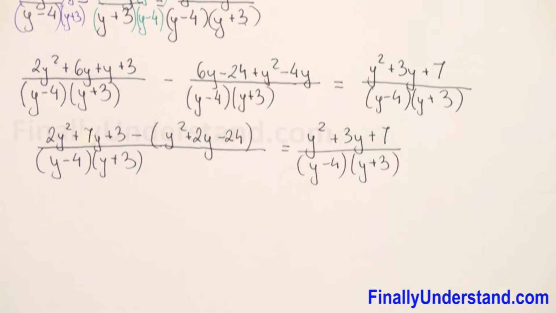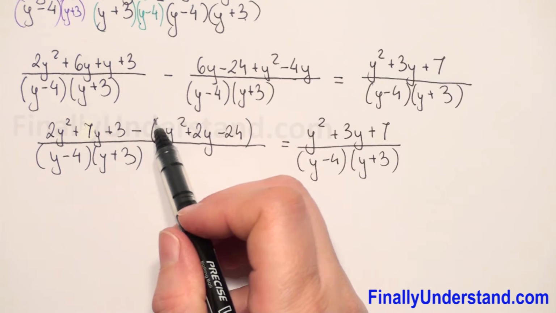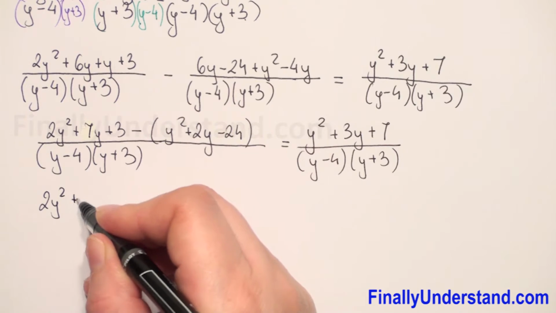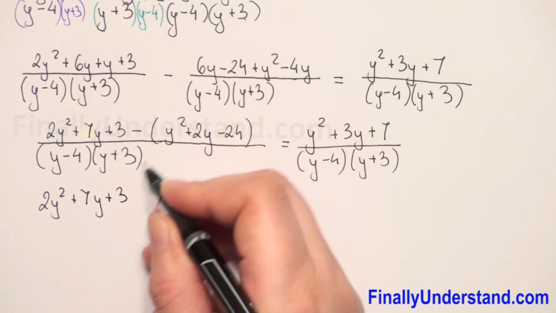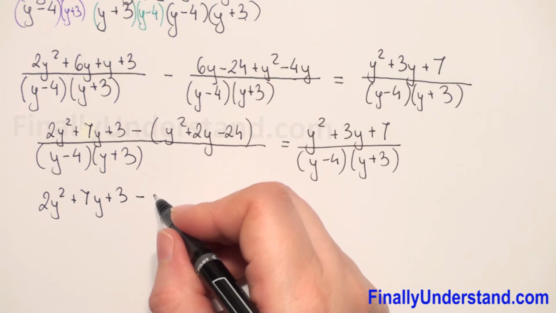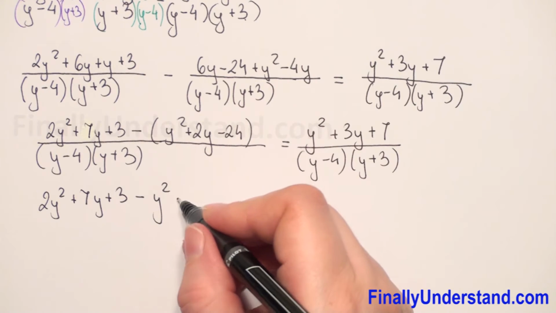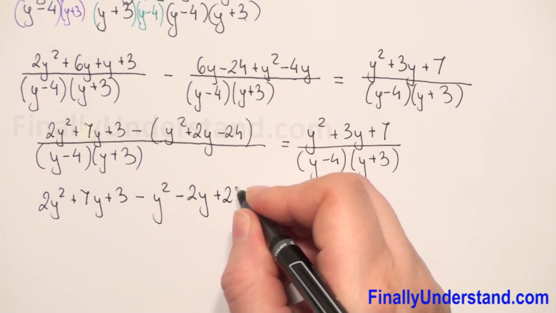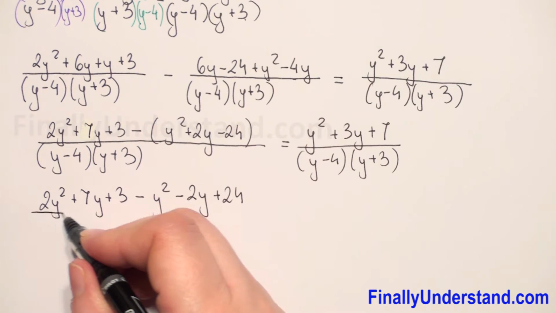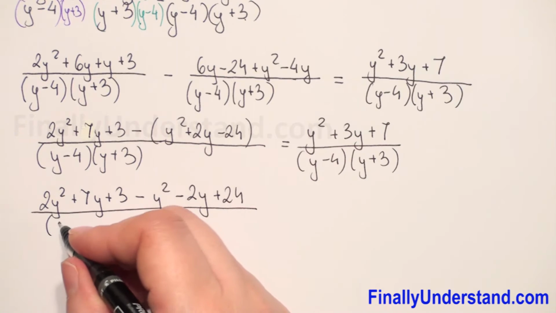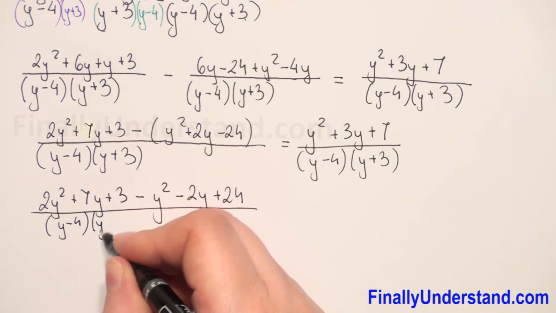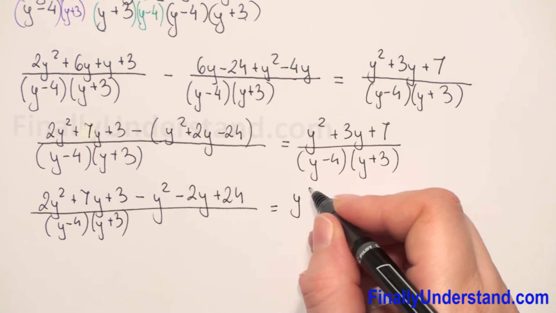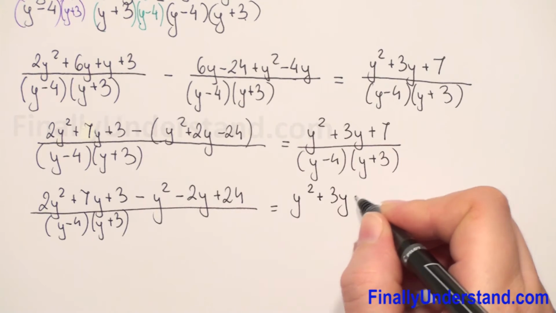Now we have to take down this parenthesis, so we have 2y squared plus 7y plus 3, and negative and positive will be negative y squared, negative and positive will be negative 2y, negative and negative will be positive 24, over. The right side we will copy.